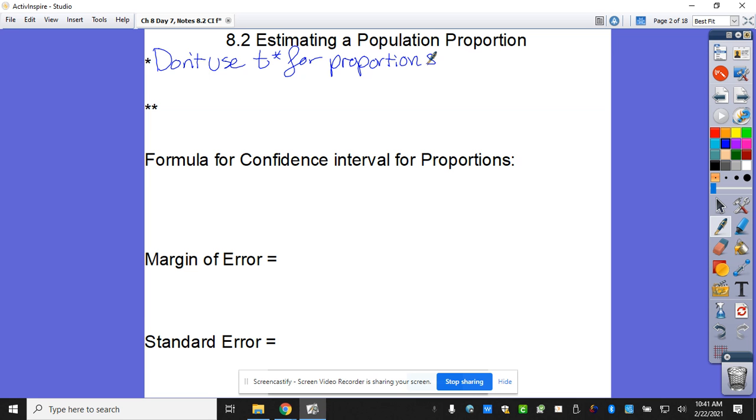So back up and think, when do we use t? And so we do have what instead? What do we use instead of sigma? What letter? S. Do we have that if we're dealing with proportions? We don't have a standard deviation like s or sigma, so we're not dealing with that.